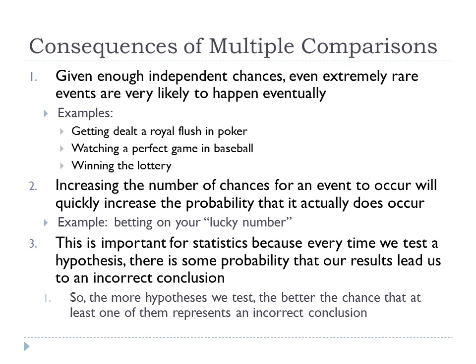This is a really important concept for statistics because, and we'll get to this in a second, every time we test a hypothesis, there's going to be some probability that the results that we get lead us to an incorrect conclusion about that hypothesis. And what that means is the more hypotheses we test, the better and better the chances that at least one of the hypotheses or one of the conclusions that we drew from our statistics represents an incorrect conclusion, right?